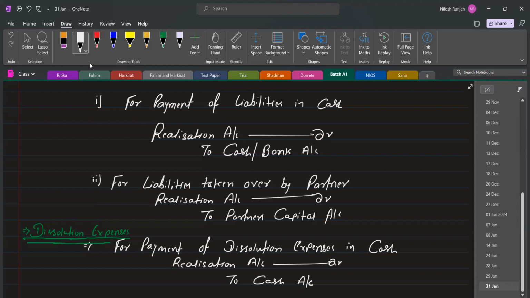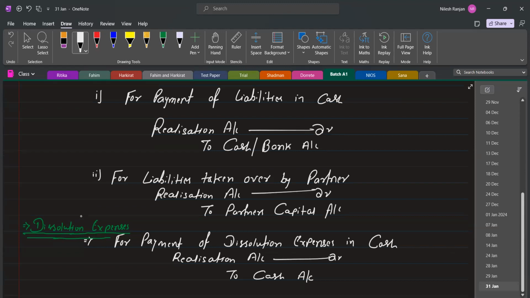So if you are writing in the realization account, to cash for liability and to cash for dissolution expenses, then in brackets you will write separately the liabilities and dissolution expenses, so that anyone can understand that it is for liability payment, it is for dissolution expenses payment. Okay, sir.